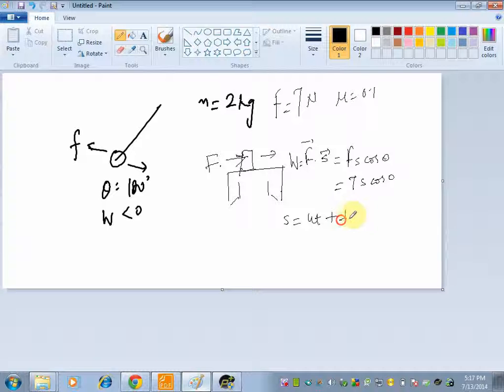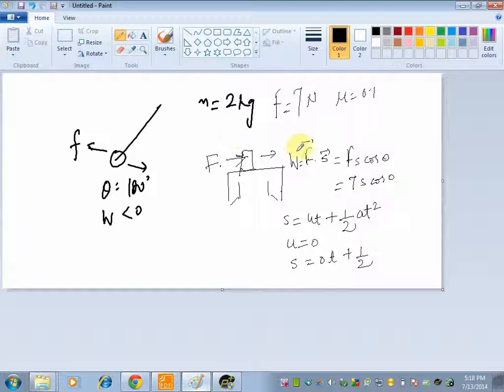I will find it with the second equation of motion. Why is that? Because acceleration is constant, because force is constant. So I can use this equation. Initially it was at rest, so s is equal to 0t plus half a. What is the force here?